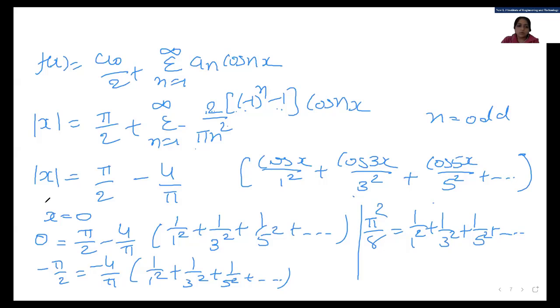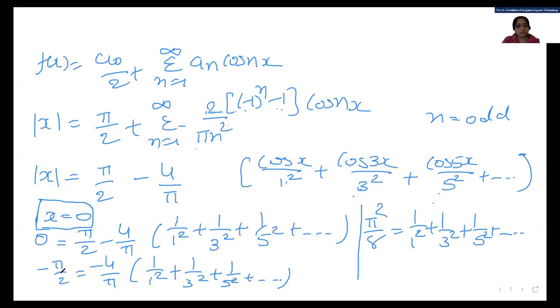Okay. Now, if we take x equal to 0 both the sides, the left hand side is 0, here pi by 2 minus 4 by pi, for all cos 0 is 1. So 1 upon 1 square, 1 upon 3 square, 1 upon 5 square, and so on. And if we keep pi by 2 on the left hand side, then we have minus pi by 2. And our right hand side is minus 4 by pi and the bracket, right?